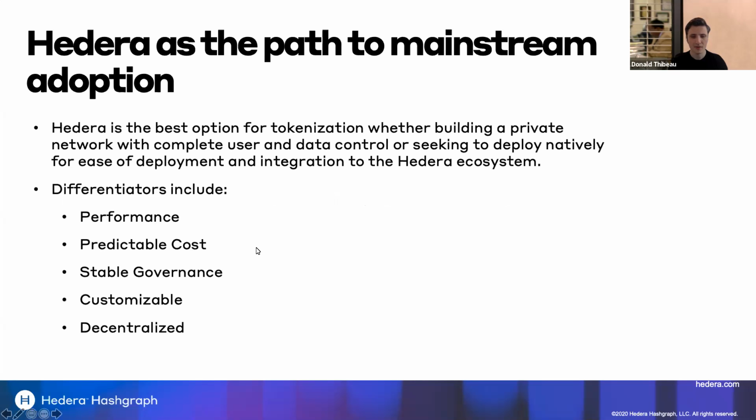So as many of you may have heard, our goal is to position ourselves as the best place to scale adoption of tokenization for enterprise and consumer scale. Whether you're building in a permissioned or layer 2 network with the Hedera Consensus Service or wanting to issue your asset natively, we think that the performance, fairness, and speed that Hedera can provide, along with predictable cost and stable governance, are those key differentiators to ensure that tokenization use cases can not only start easily, be customized to specific use cases, but also scale over time.